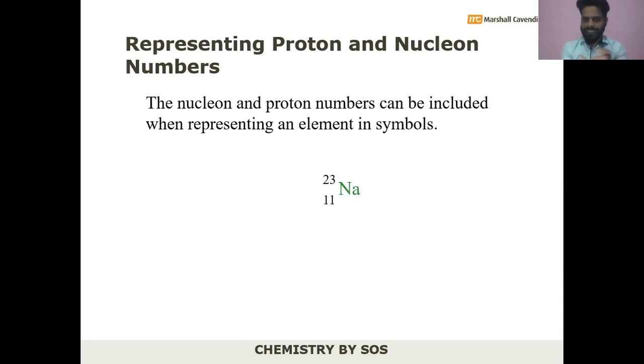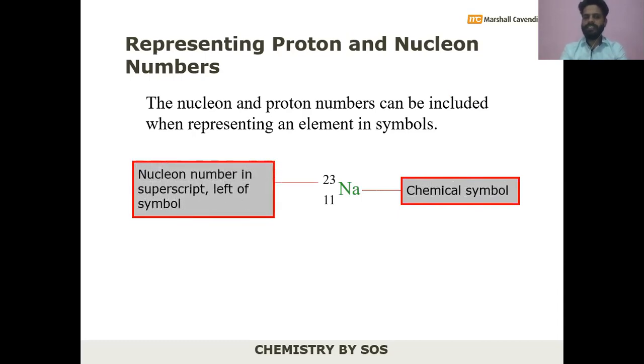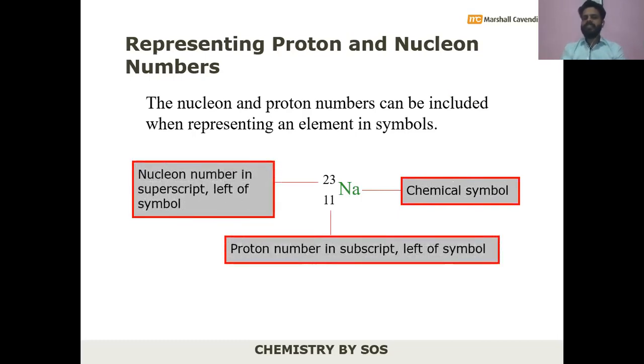If you have this structure, likewise you have sodium 11 and 23. 11 shows the proton number of sodium, and Na is the chemical symbol of sodium, and 23 is the mass number, and 11 is proton number. Proton number shows the number of protons in the sodium atom, which is 11, and in the neutral atom of sodium the number of electrons is also 11.